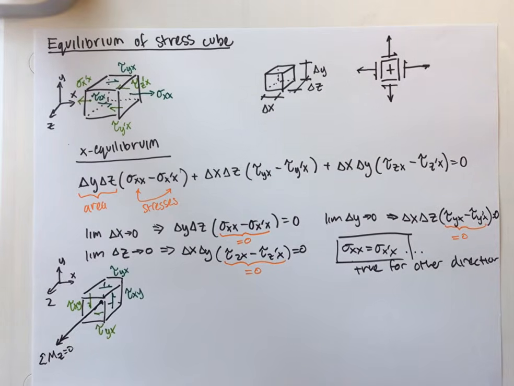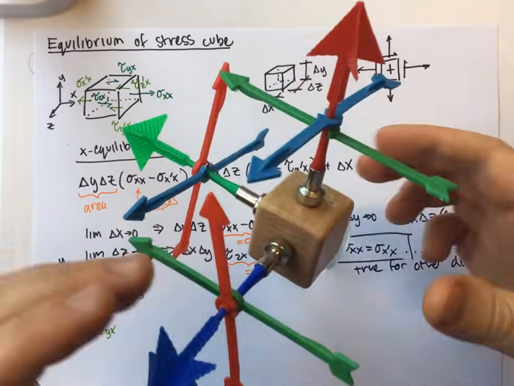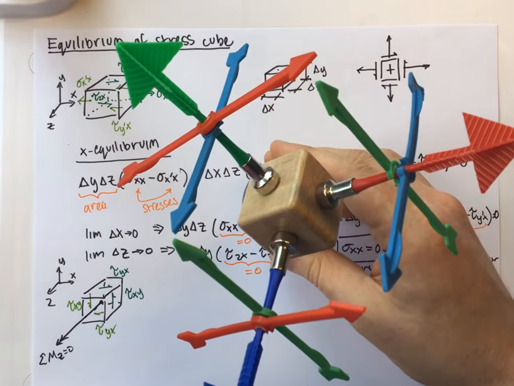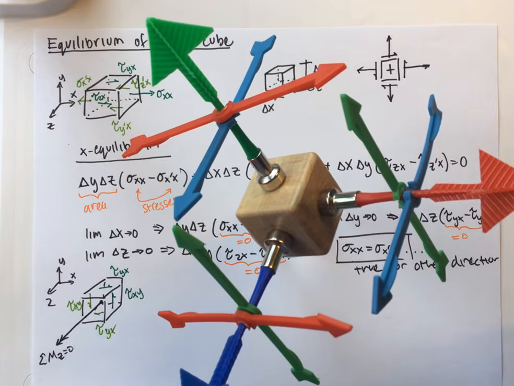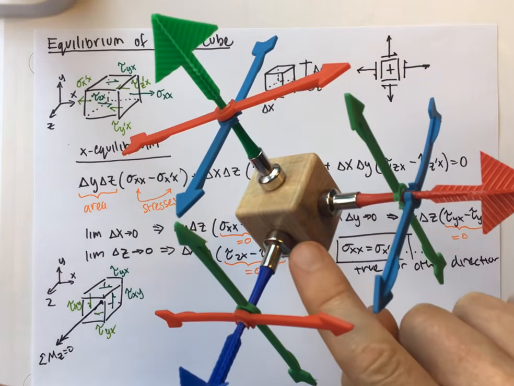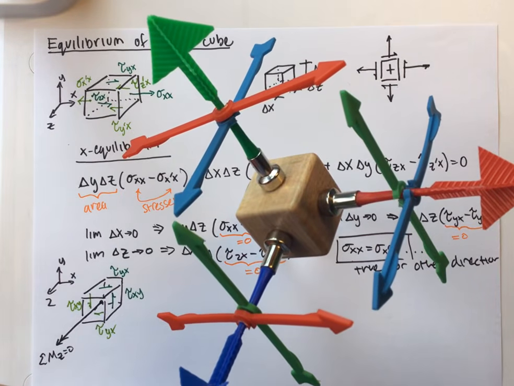So if I can bring back our stress cube here for a moment, let me put that up here so you can see it. Okay, so we're taking the moment about the center of the cube, about this blue arrow, and you can see that if I take the moment about the blue arrow, the red arrow and the green arrow are going through the point where I'm taking the moment about, so they don't contribute.